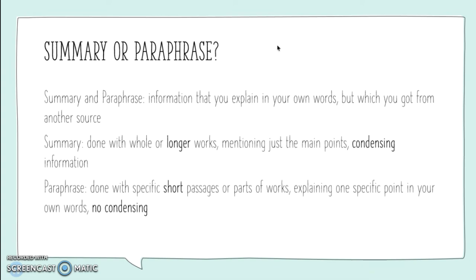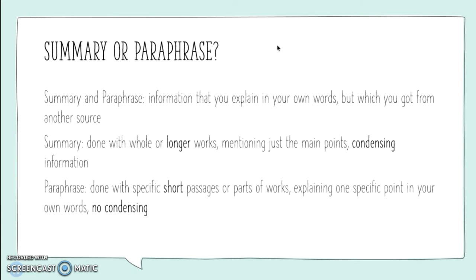So the first question we have to ask ourselves is, should I summarize or should I paraphrase? Summary and paraphrase are both information that you explain in your own words, but which you got from another source. A summary is done with a whole or a longer work, mentioning just the main points and condensing the information.